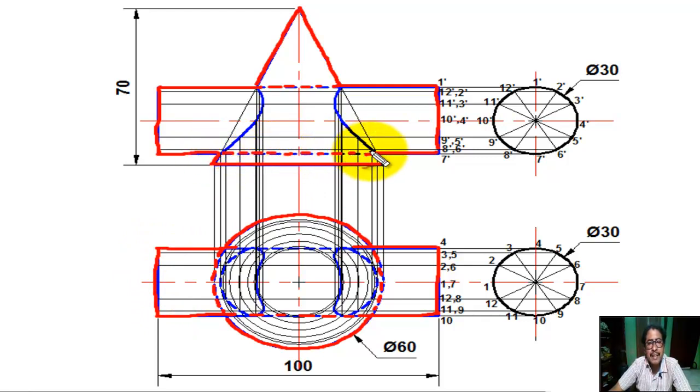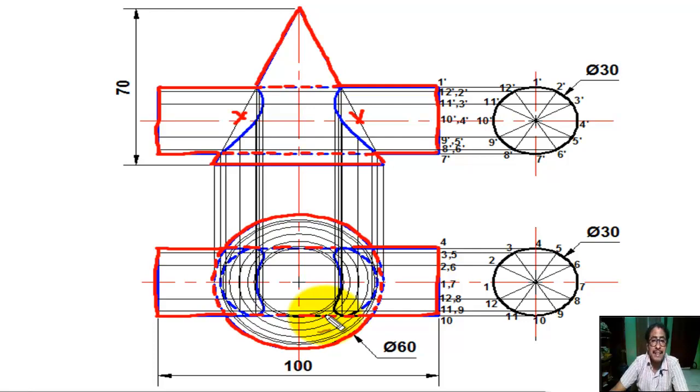This will be a dotted line, meaning a hidden line. This line will be hidden, and this portion also hidden. There is no line here.